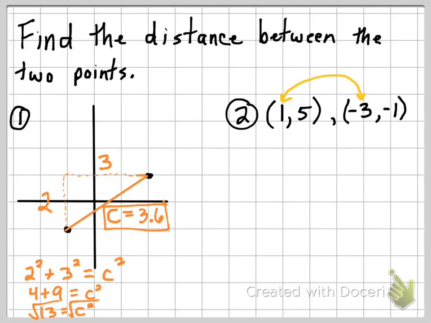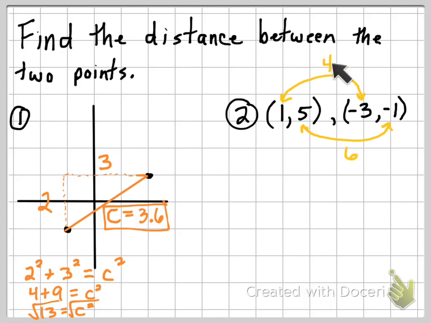How far apart are they? Well, they're 4 apart. If you need to, look up at the number line, look at the +1 and the -3. They're 4 apart. And then I look at the other two. I look at the 5 and the -1. How far apart are they? Well, they're 6 apart.